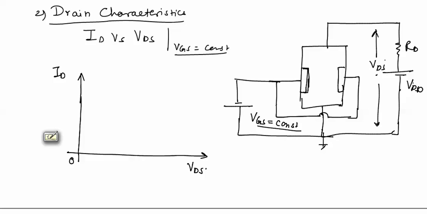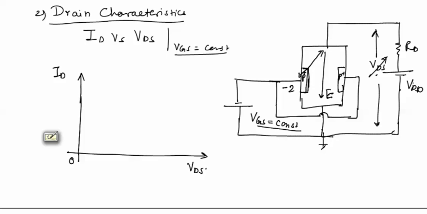If this voltage VDS is varied, the field in the channel will vary. Along with this field, there will be variation in the reverse biasing between drain and gate.